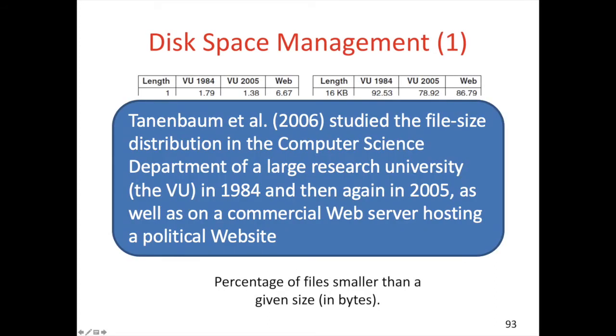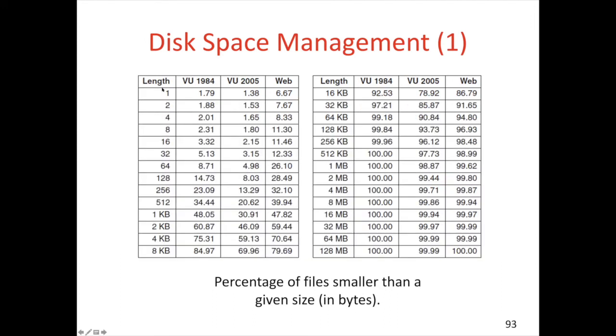Tannenbaum et al., his group, in 2006 studied the file size distribution in the computer science department of a large research university, the VU, in 1984 and then again in 2005, as well as on a commercial web server hosting a political website.